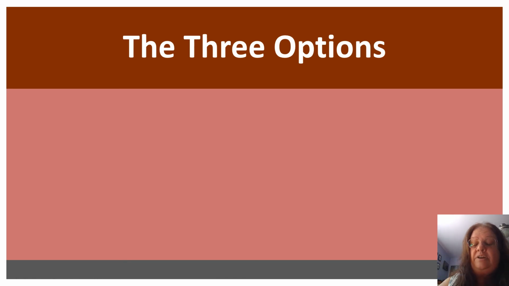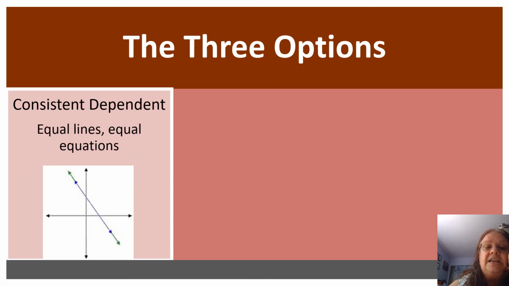Okay, there are three options. This is a summarization. Consistent dependent means equal lines, equal equations. Notice they're graphing one on top of the other. Okay, you can see there's a green line and a blue line there right on top of each other. Those are consistent dependent. Consistent means solution.